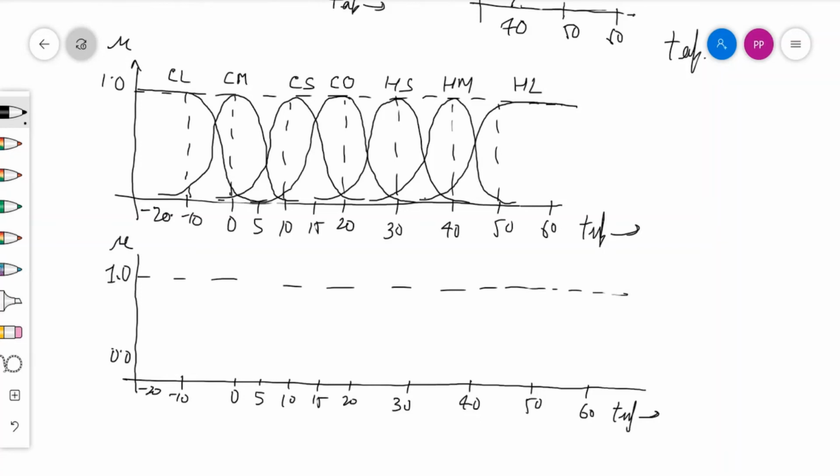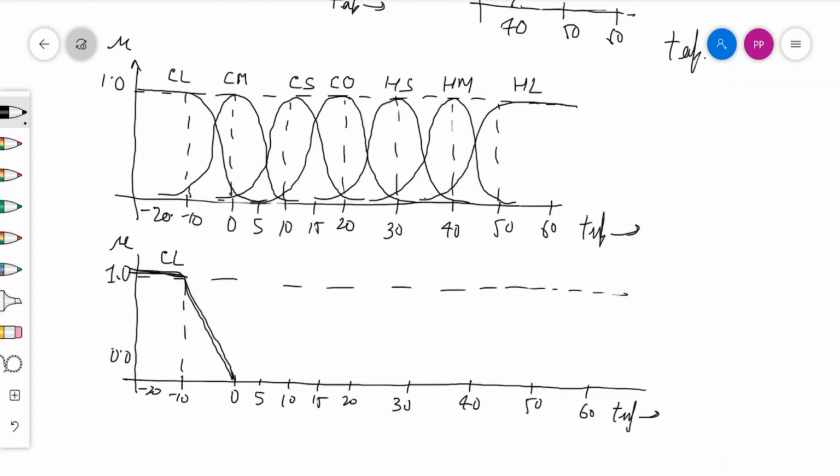The first range is from negative very low, then it will start changing from minus 10. From minus 10 to 0 it will come like this, which is coming from minus temperature with a very low value. So this is your very cold region.